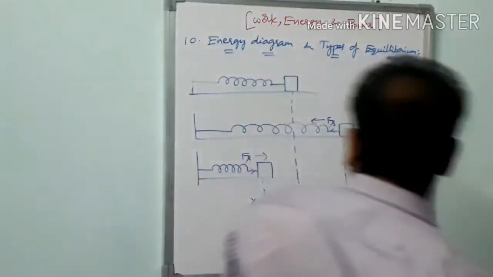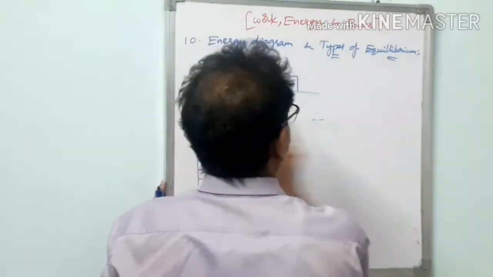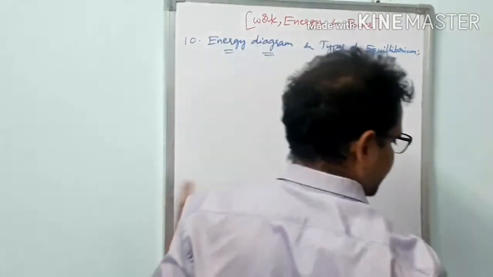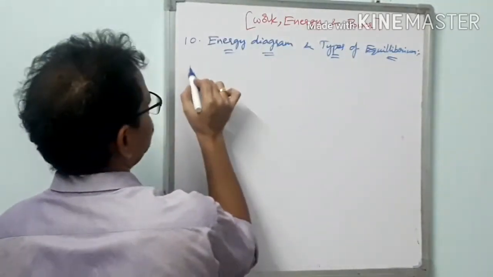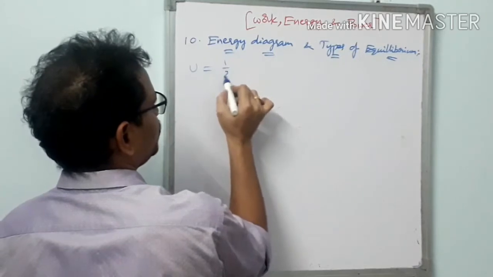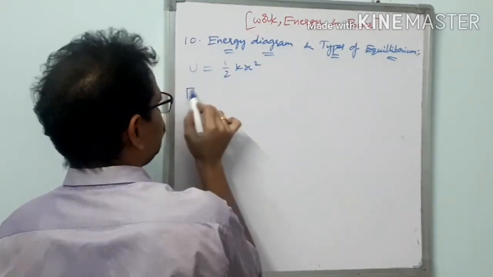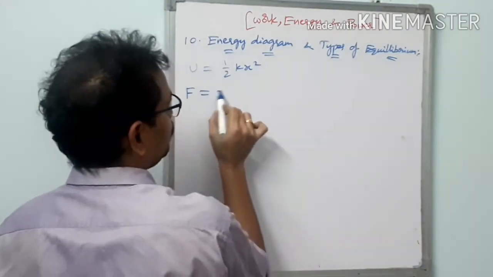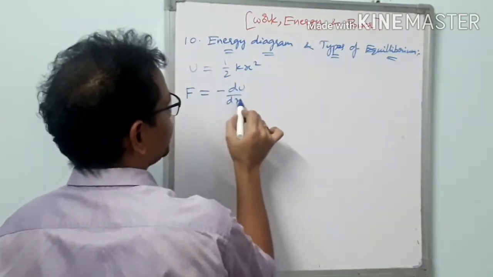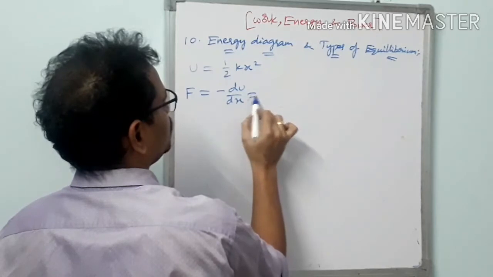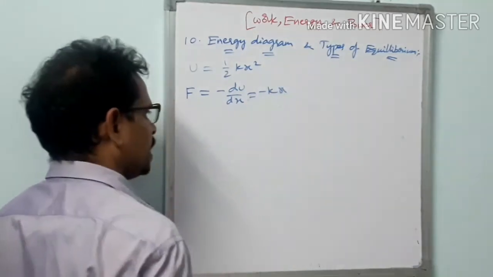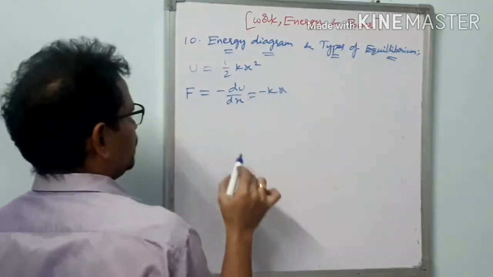So let us draw the energy diagram here. What is the potential energy of the spring? U equal to half k x square. And what is the expression for force here? Force equal to minus du by dx, which here is equal to minus kx. So let us draw the energy diagram.